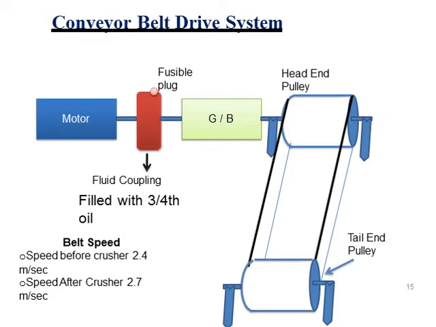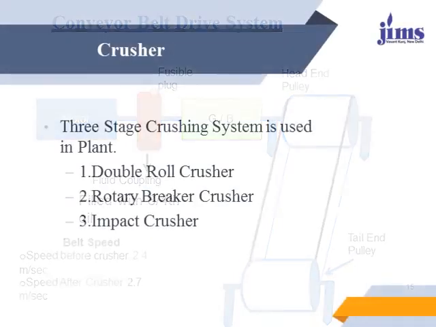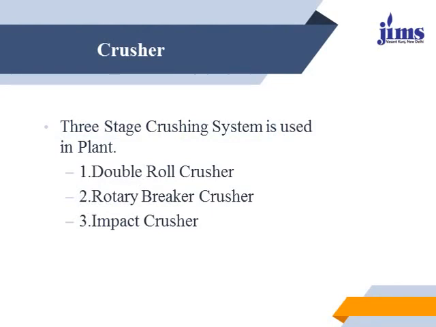This depends upon the construction of the crusher. In the double roll crusher, as you have seen in rolling mills, there are two rollers which move in directions opposite to each other. The rollers crush the stones into small forms.